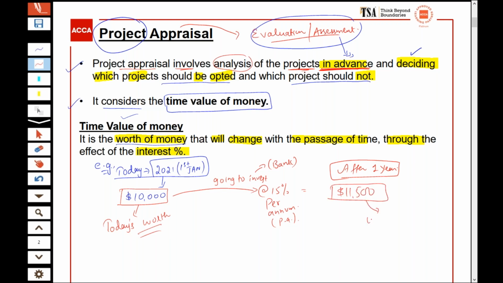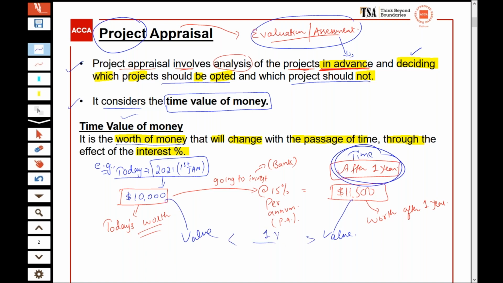That is the worth after 1 year. What is happening here? This is time, and this is the value, and the value will change after 1 year of time.